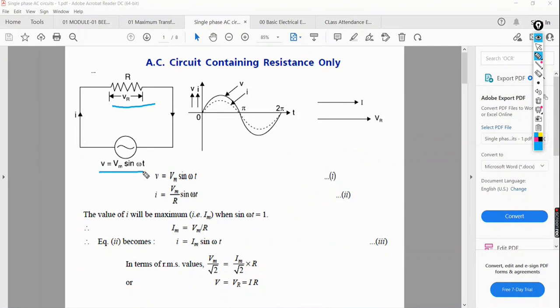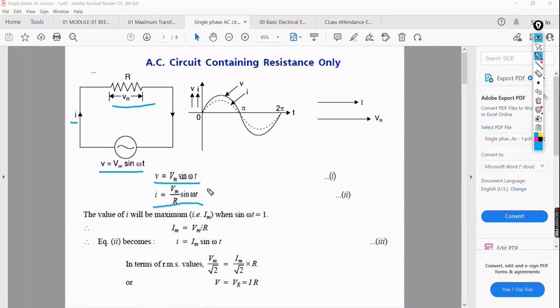V is equal to Vm into sine of omega t. Whenever you apply V equal to Vm sine omega t, it causes a current I that is also instantaneous in nature. So V is equal to Vm sine omega t, but I is equal to Vm divided by R into sine of omega t.